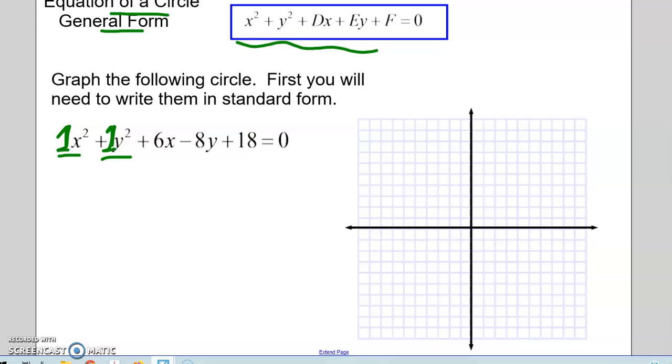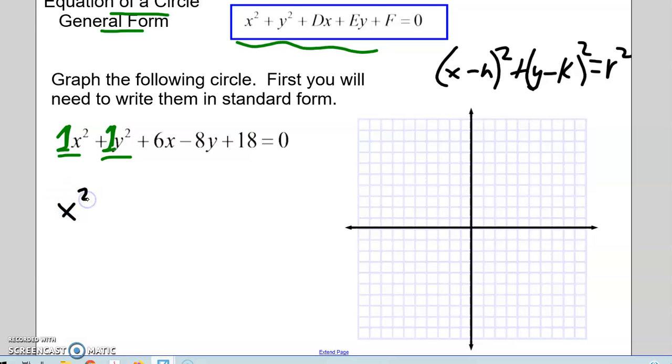Okay, so now what I want to do is make it look like, remember this x minus h squared plus y minus k squared is equal to r squared. So I want to make this whole thing look like that. So what I would do here is separate all the x terms out. So I've got x squared plus 6x, and then here's my y squared terms, y squared minus 8y, and then move this number to the other side.